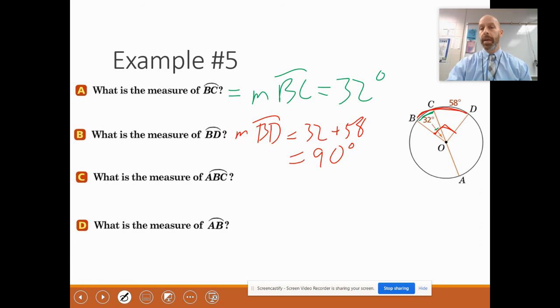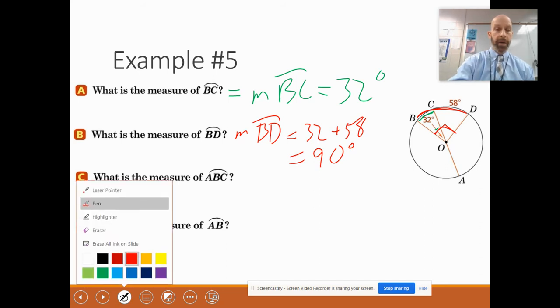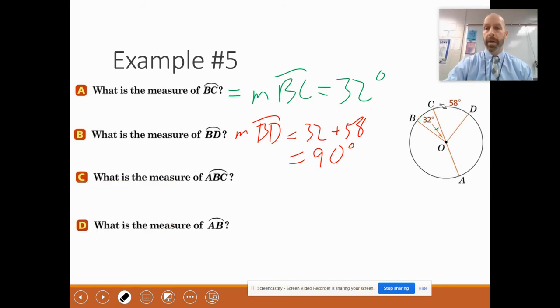Now notice that in the diagram, in fact, let me erase what I have there. Notice that in the diagram, they give you a central angle and then they give you the arc measure of 58 degrees. So they're trying to reinforce the fact that those are equivalent. Okay, what about arc ABC? Well, I hope that one's an easy one. That's a semicircle, so it has to be 180.